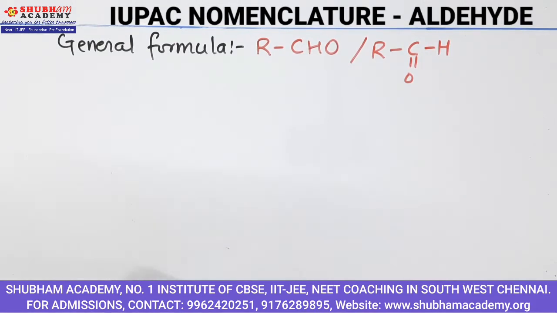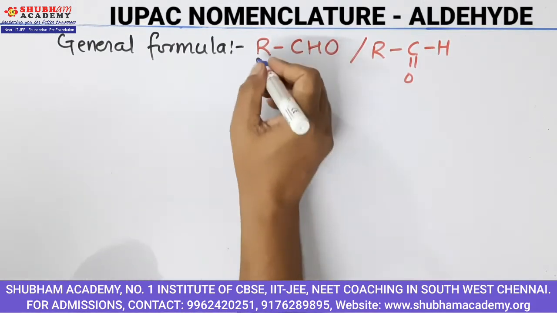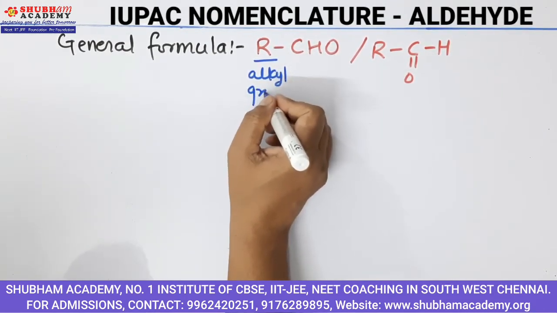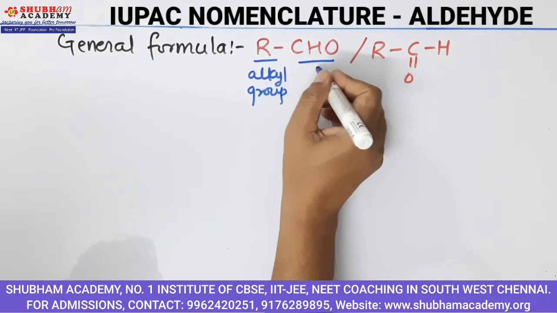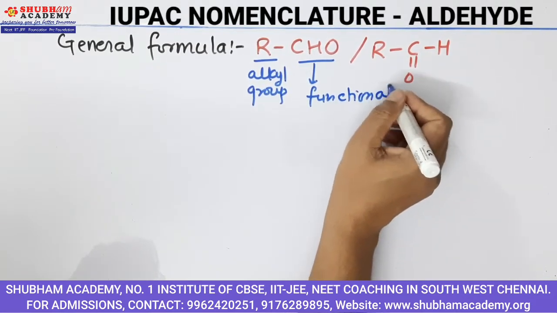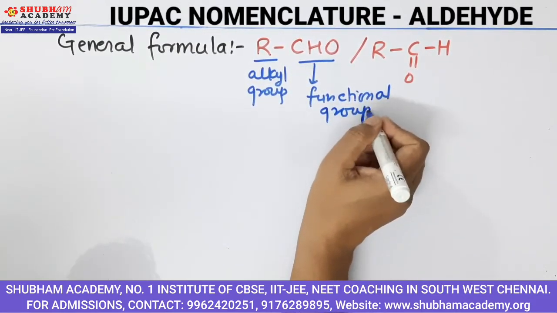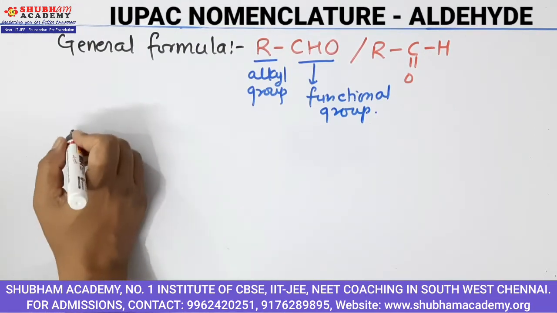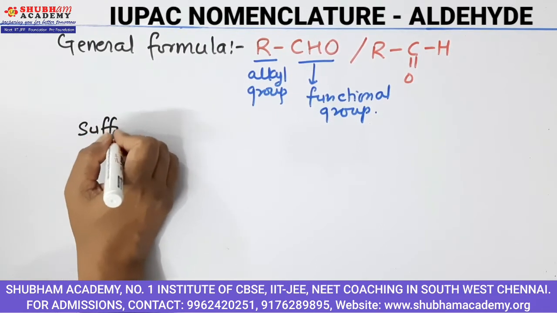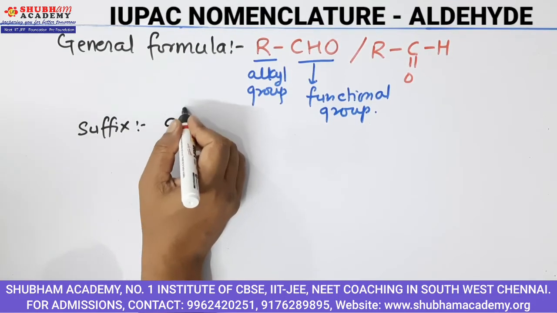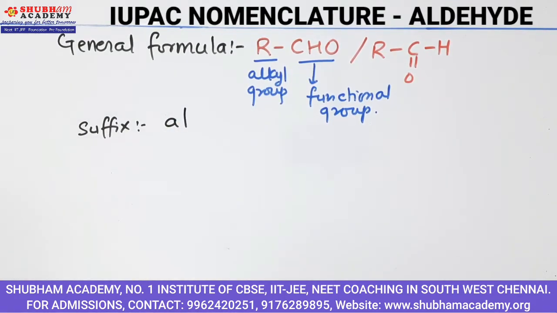Here this R part is the alkyl group and this is the functional group. So what is the suffix for aldehyde? The suffix for aldehyde is al. We'll see some examples.